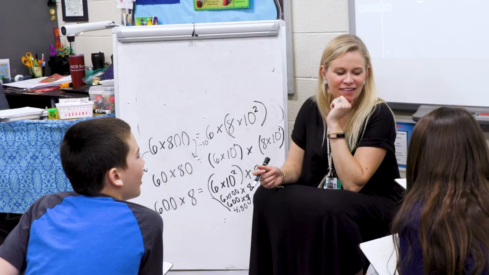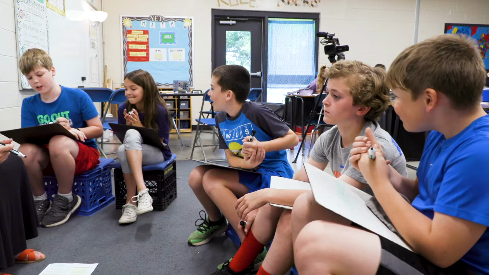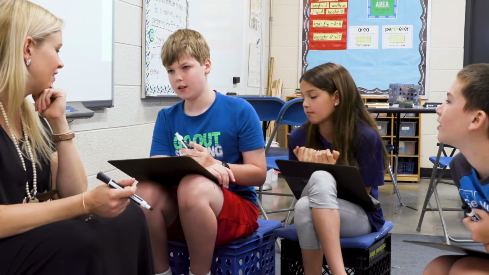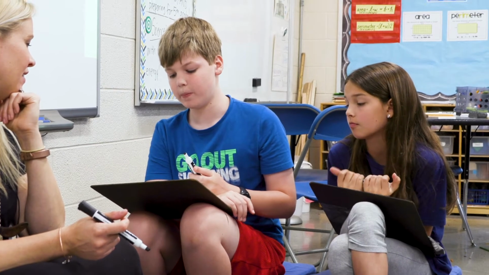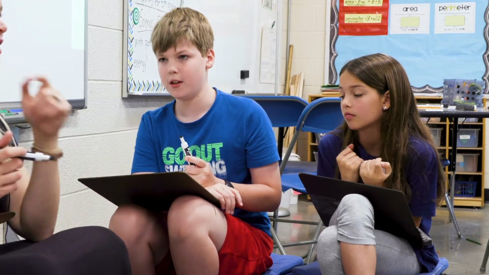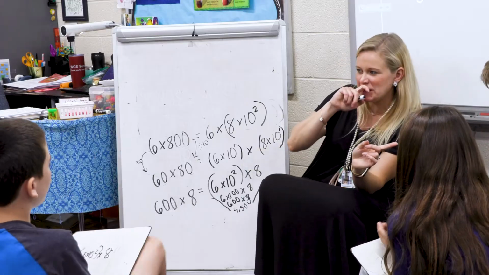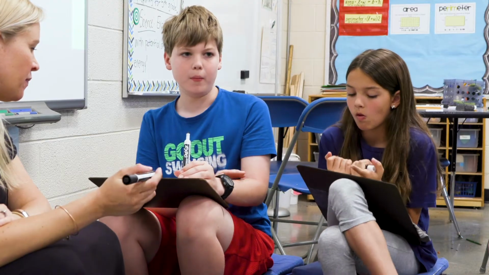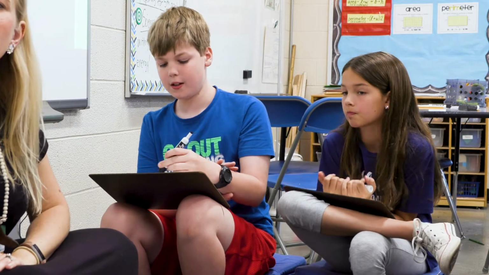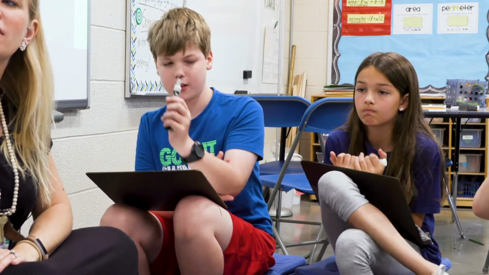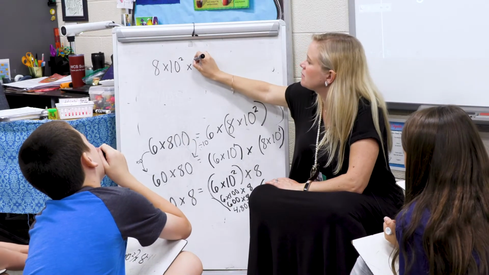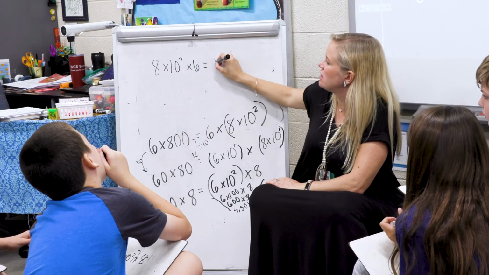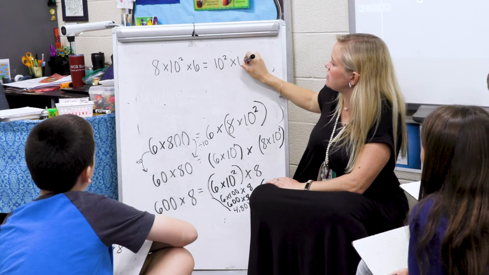But take this in mind: is 8 times 10 to the second power times 8 not the same as 10 to the second power times 6 times 8? Listen up, guys. Dean, can you say that one more time? Andrew, listen up, because I think this is a really good question. Would you say that 8 times 10 to the second power times 8 is the same as 10 to the second power times 6 times 8?